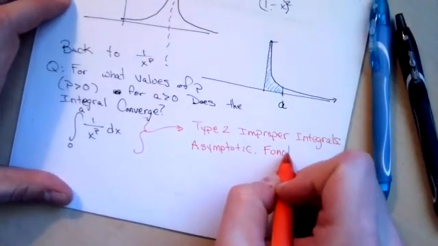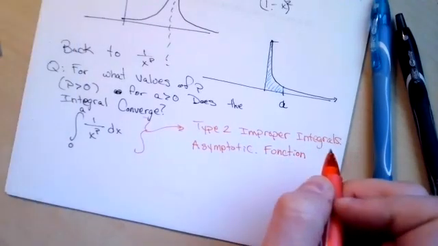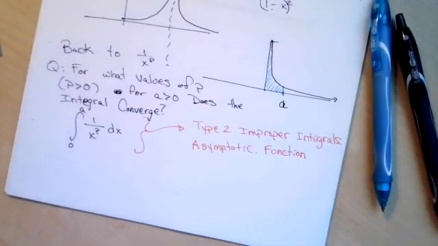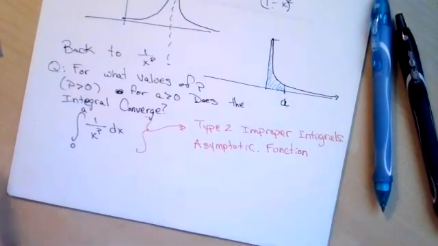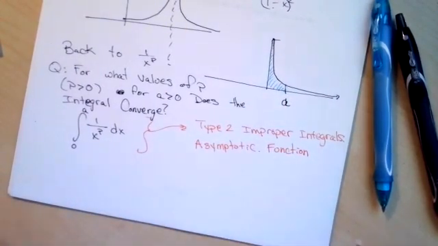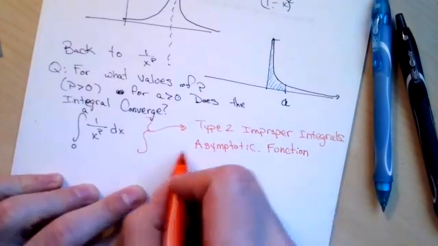I don't know if there's WebAssign topics for this for you guys. I know in the math department, some of the WebAssign for this, they have you identify why is the function improper or why is the integral improper. So you either have to say the function is proper, it's fine, or you would say something like the function is improper because one of the limits is infinity, or it's improper because the function is asymptotic. The function goes to infinity.